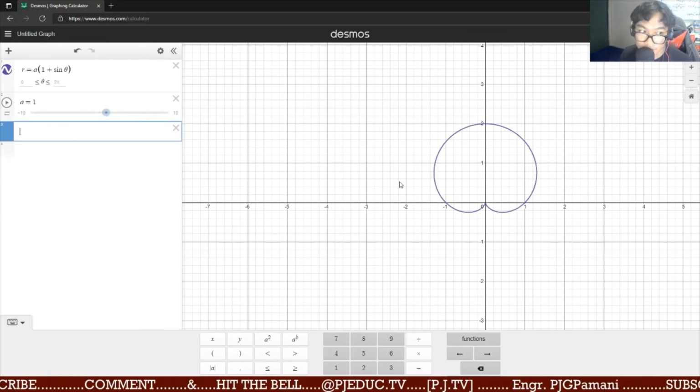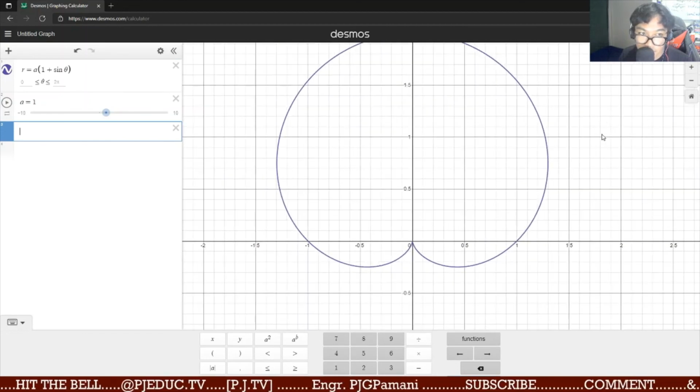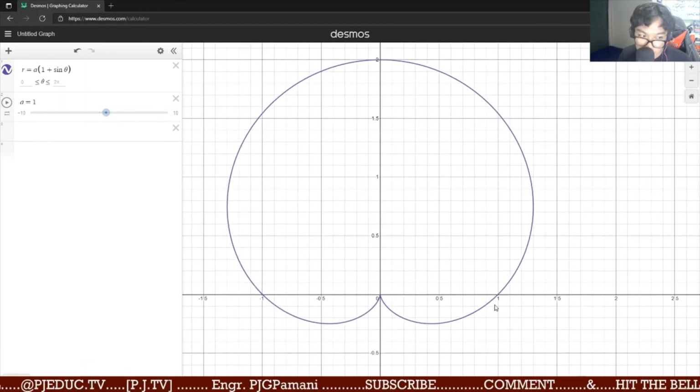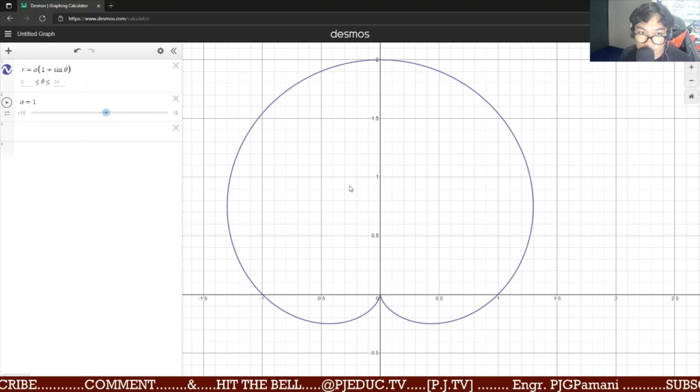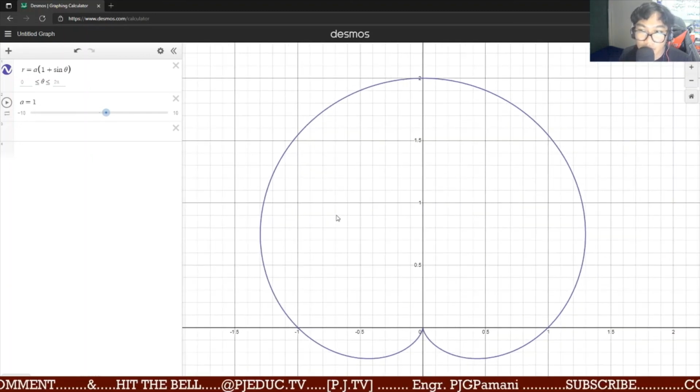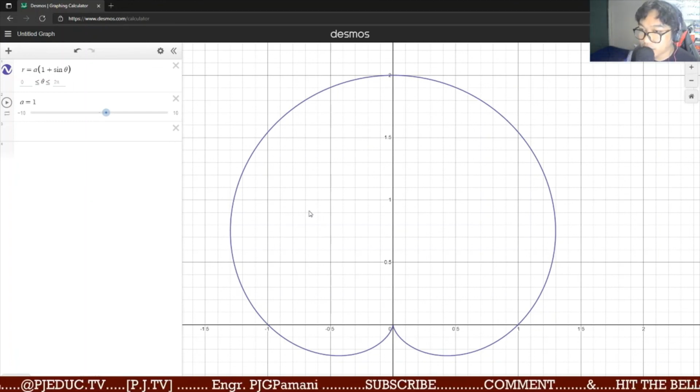Enter. So at 0 degree, A is equal to 1. Then at 90 degrees, A is equal to 2. At 270, A is 0. Tama yung ating drawing.